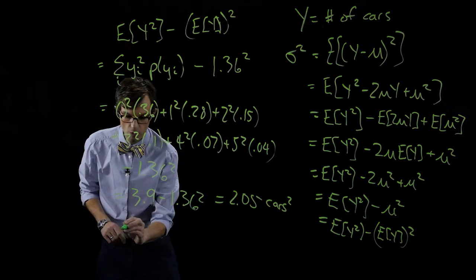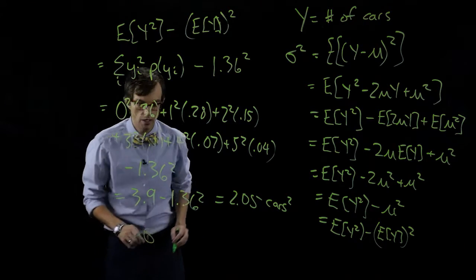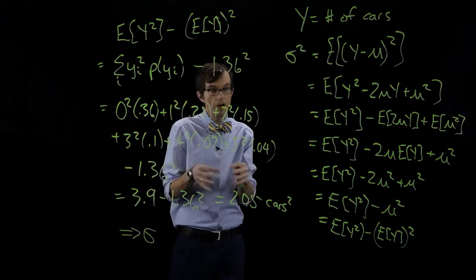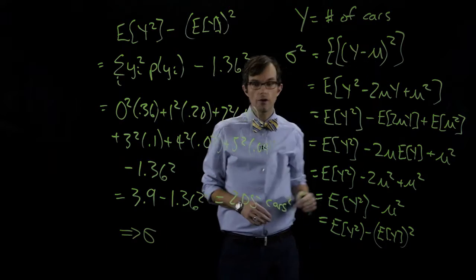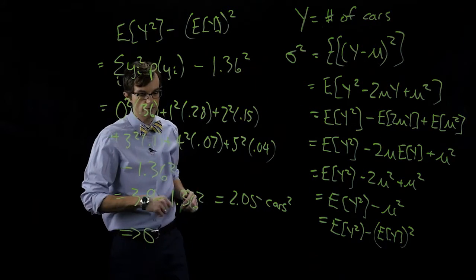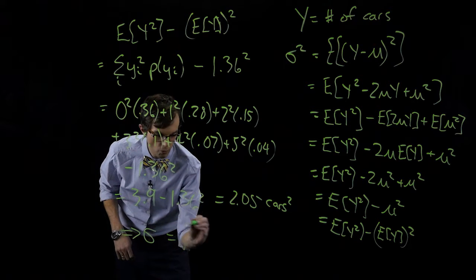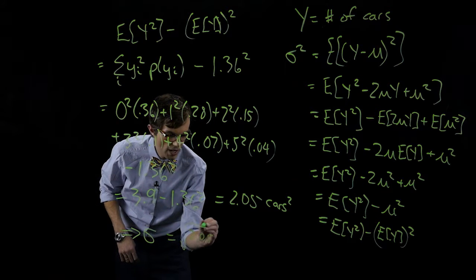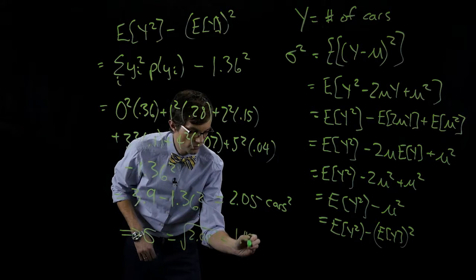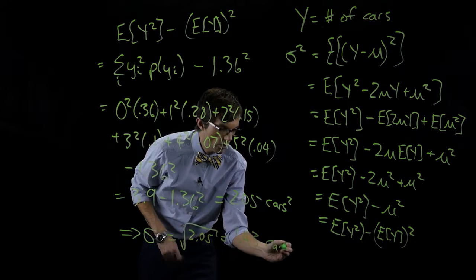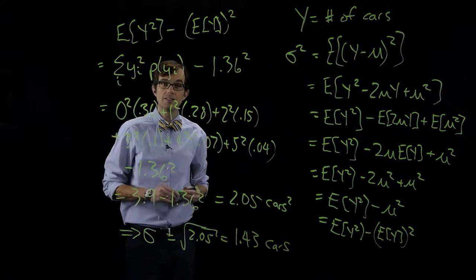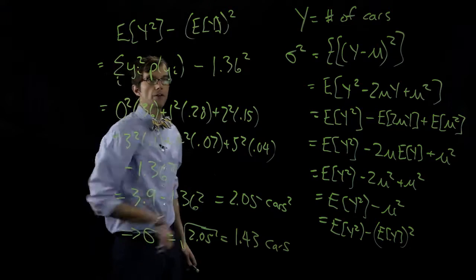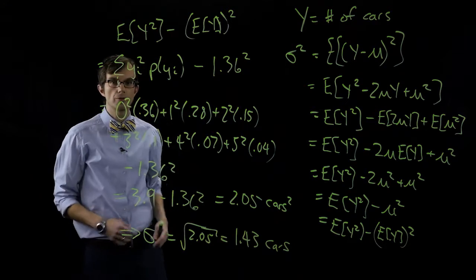If we wanted to know the dispersion, this variability in the units of cars, we could take the square root of variance, okay? That would be the square root of 2.05, which is 1.43, and that's in cars, okay? So what's the standard deviation of this random variable y? 1.43 cars.